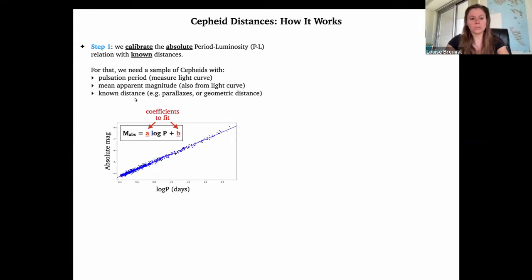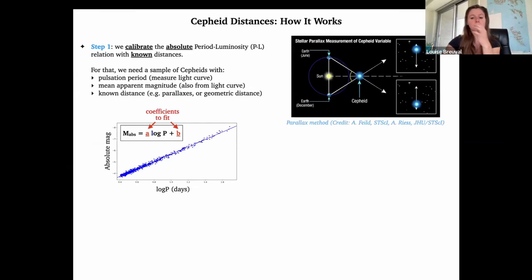Usually for the known distance, what we can do in the Milky Way is use the parallax method. This is quite easy. Because the Earth is revolving around the sun, and we know the distance between the Earth and the sun, you can look at stars during the course of a year, and the angle or the movement of this star with respect to background stars that don't appear to be moving gives you the parallax, or the distance to us.